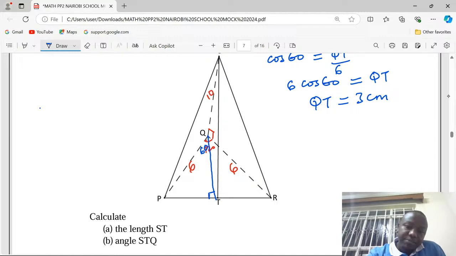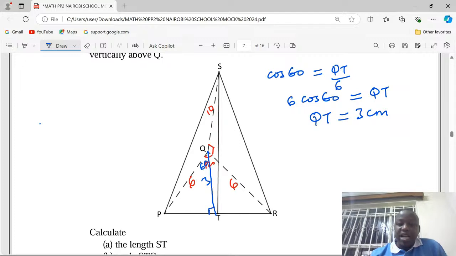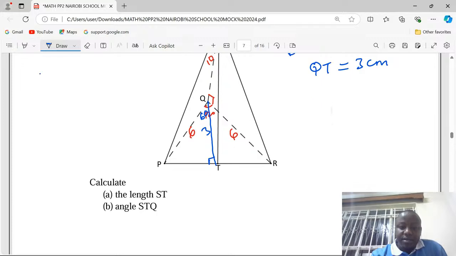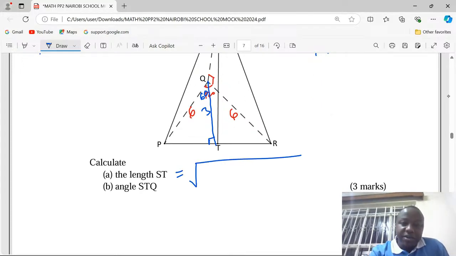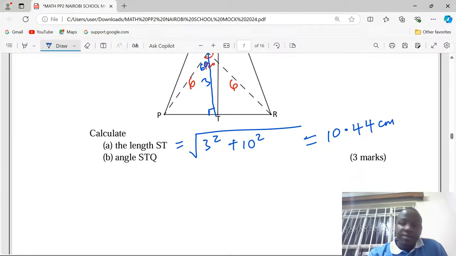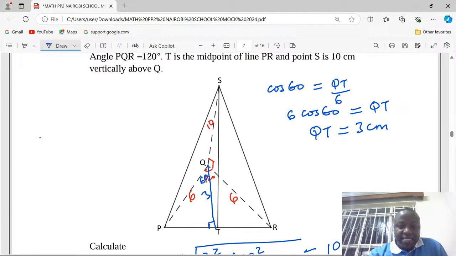Now with 3 here, and remember there is also SQ given, and there is a right angle at that point, then we can talk of ST being equal to the square root of, according to Pythagoras theorem, 3 squared plus 10 squared. So when you carry out the square root, you get exactly 10.44, to 4 significant figures.